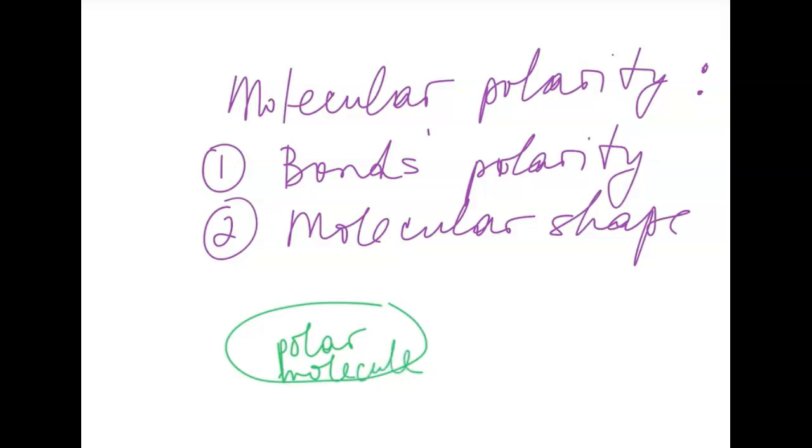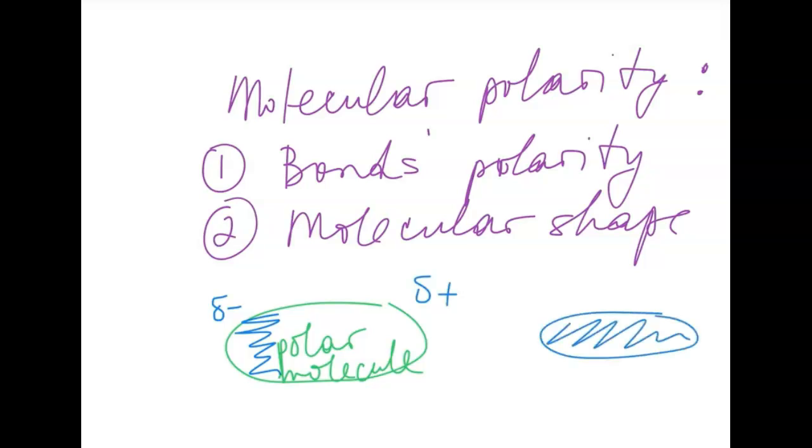So what does it actually mean when a molecule is polar? A molecule is polar when there is no equal dispersion of electron density. So one part of the molecule has to be more negatively charged because it has greater electron density.